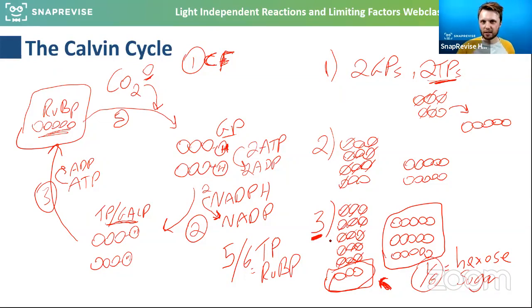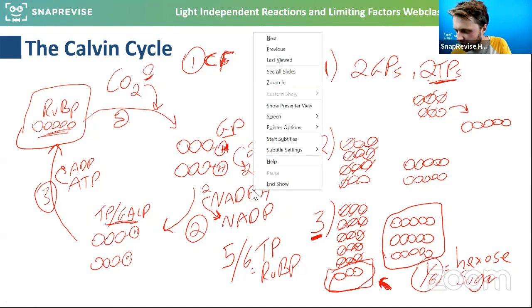If I do 6 cycles, I'm going to double the amount of these 2 things. So I'll double my amount of ribulose bisphosphate, so I'll end up with 6 molecules of that. And I'll double my amount of TP, so I've got 2 of them. And if I've got 2 molecules which have 3 carbons in, I can stick them together and turn them into sugar, into glucose. So in this cycle, the important fact that you guys need to remember, I'm going to rub out some of this stuff on the side.